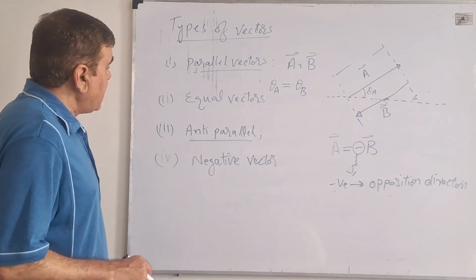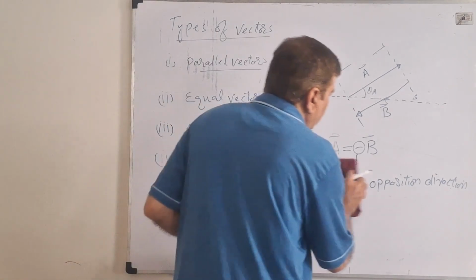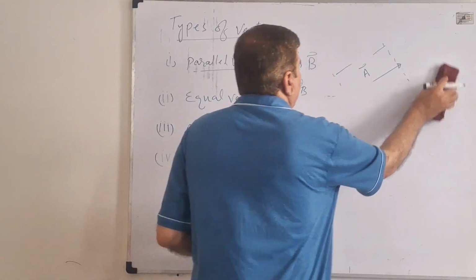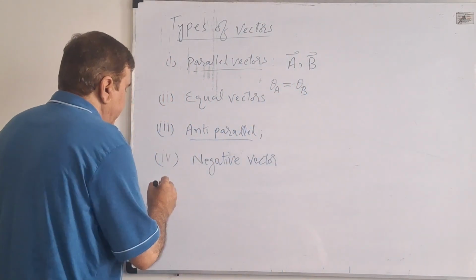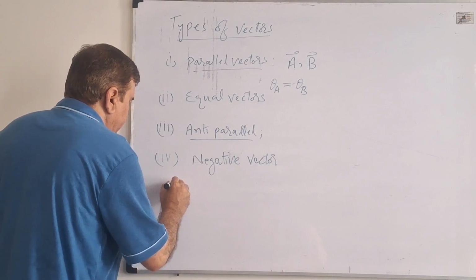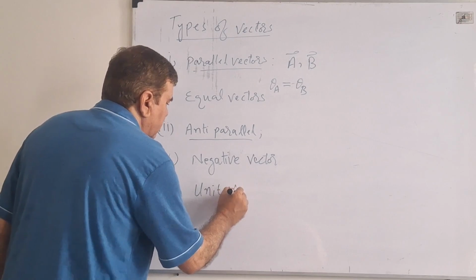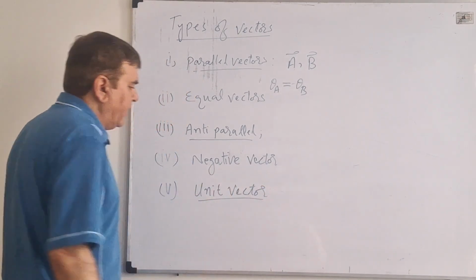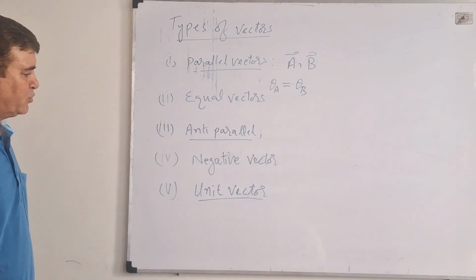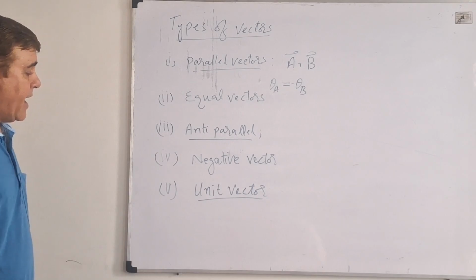Then there is another type of vector that we use mostly in vector algebra and vector calculus, and that is the unit vector. Remember, this is a very important concept used in vector algebra, vector geometry, and vector calculus.